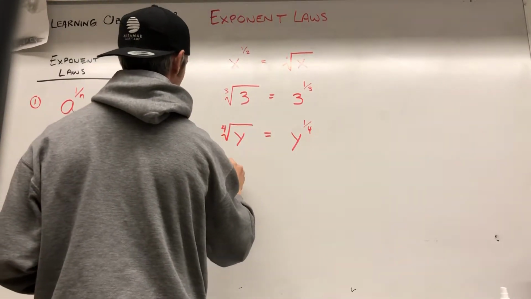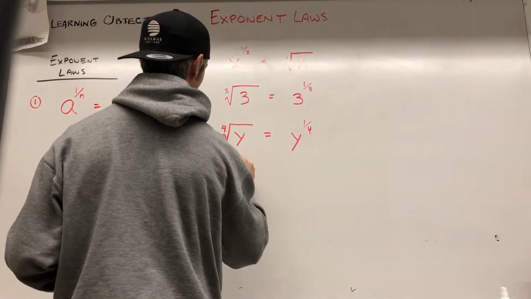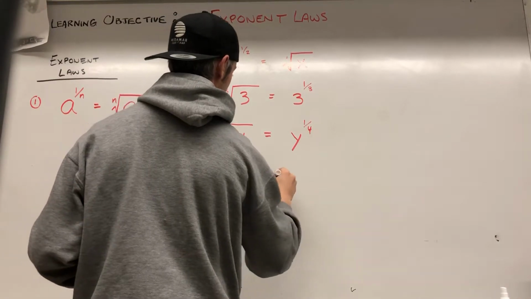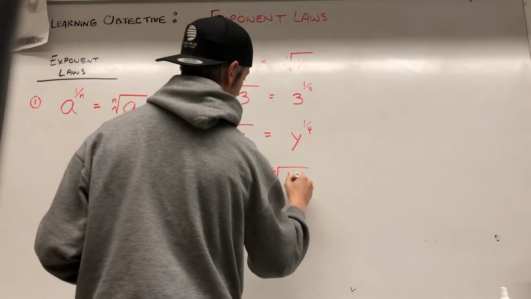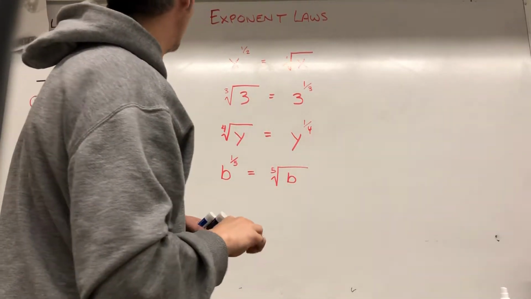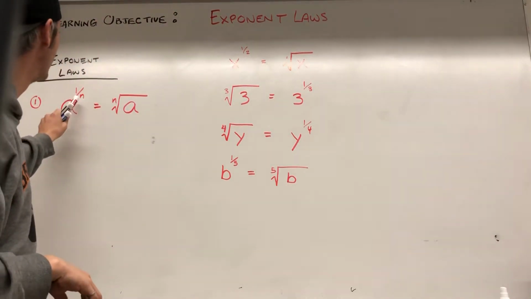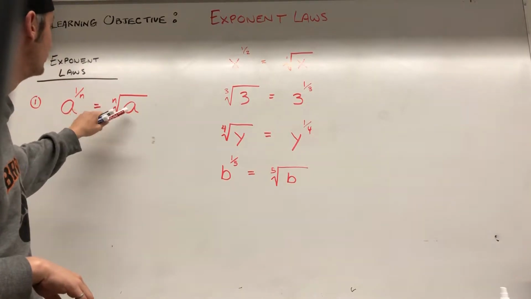And if I have b to the 1 over 5, I can write that as the 5th root of b. Okay? So that's fairly straightforward. It's just, there's this number down here, n. It matches up with the n of whatever root we're dealing with there.